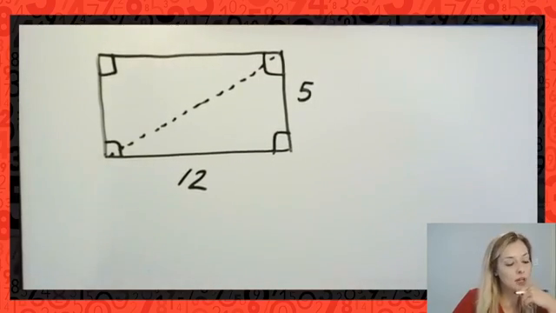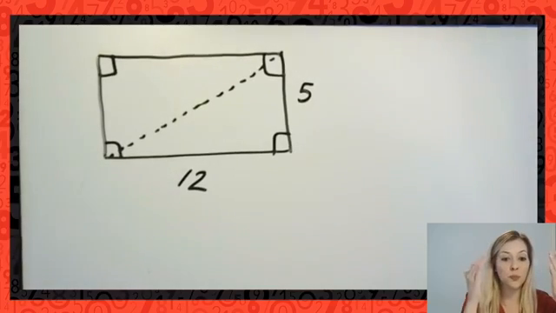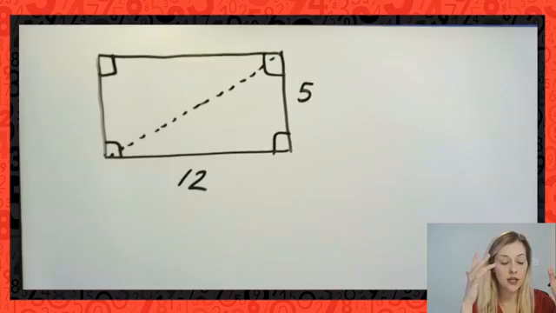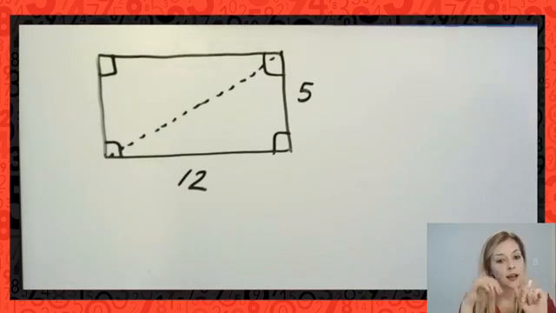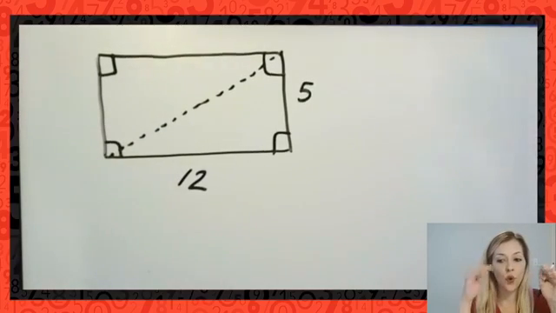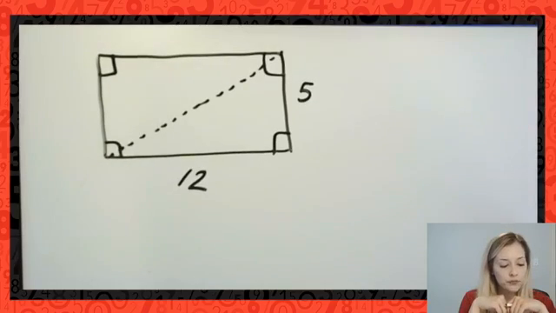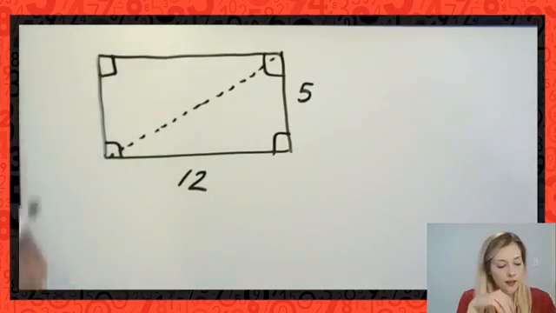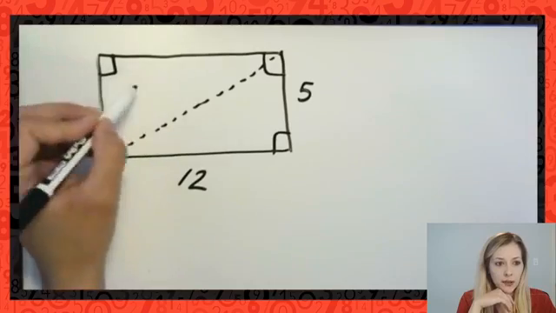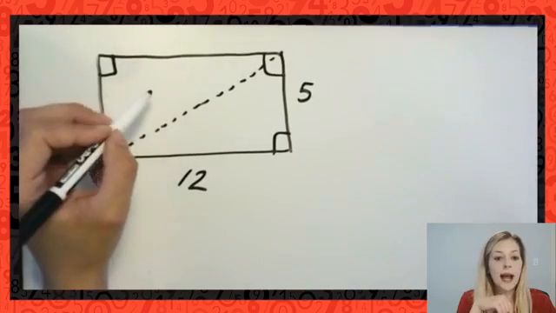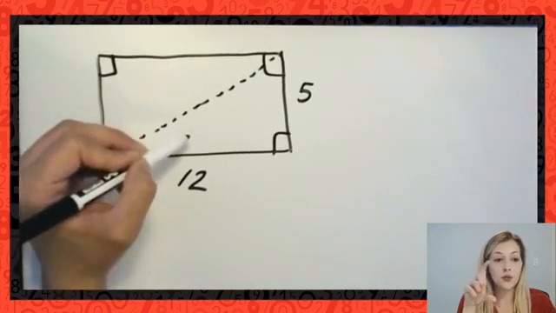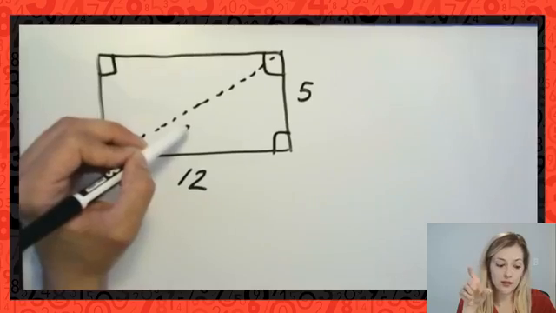So make an observation first. Sandra just said this is a rectangle and that the diagonal splits it evenly into 2 pieces. Sandra also reminded me that rectangles have 4 right angles, one in every corner, which means that the diagonal splits the rectangle into 2 right triangles.